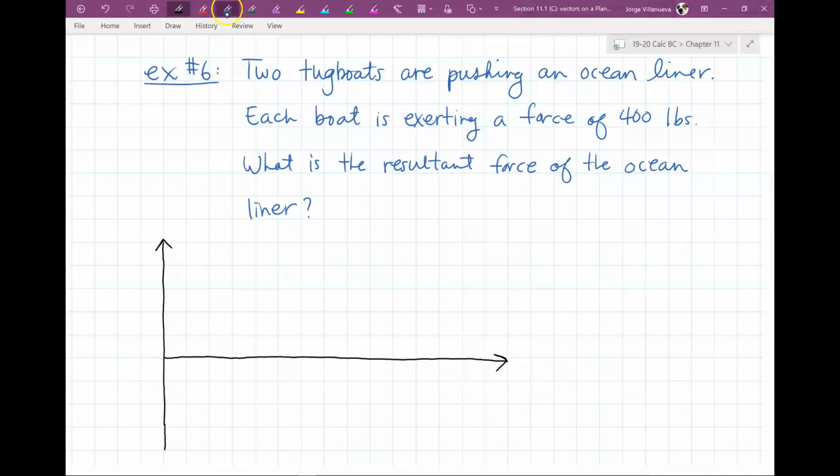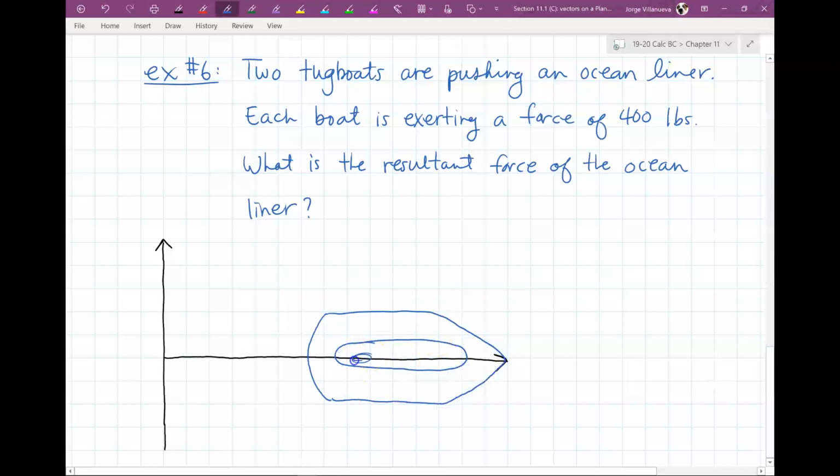All right, so let's draw a boat here. Hopefully it's decent. So let's see. We'll give it some smokestacks here. And I guess we could put this little thing here.